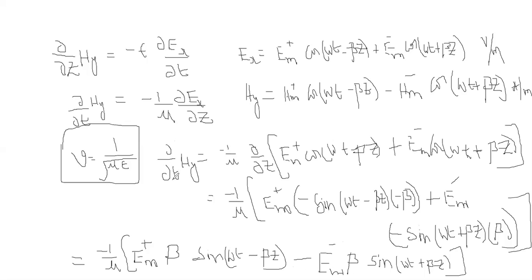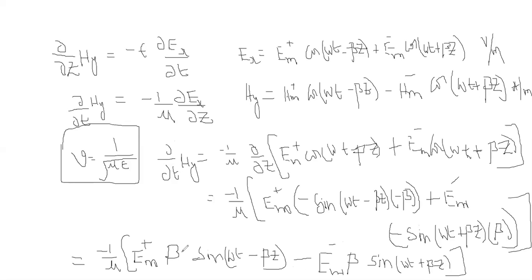In the left hand side, the dou by dou t of Hy is equal to the right hand side. You can apply the integral. Now the left hand side, you can apply the integral with respect to the t. With respect to the t, you can apply the integral on both sides. Then it becomes Hy is equal to, okay, apply the integral now.